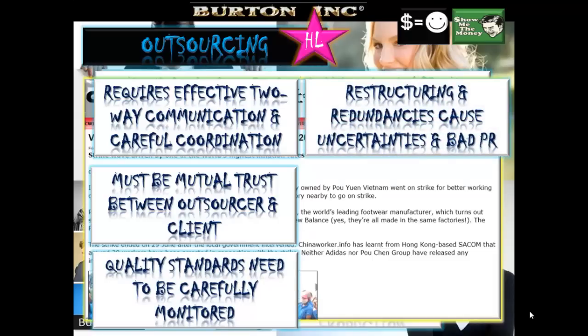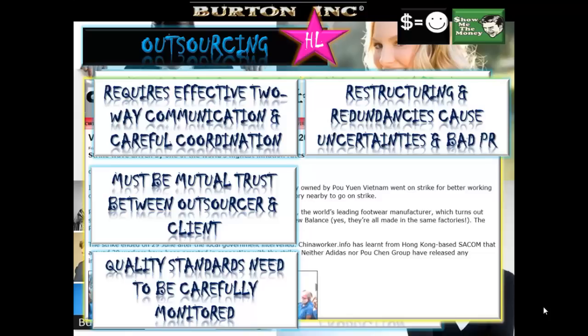So, things that need to be in place, or things to look out for with outsourcing. So definitely effective two-way communication, careful coordination of the task. Obviously there needs to be some sort of mutual trust between the outsourcer and the client, which is typically built up over time.